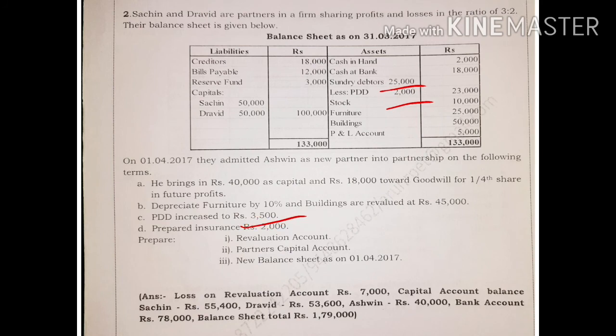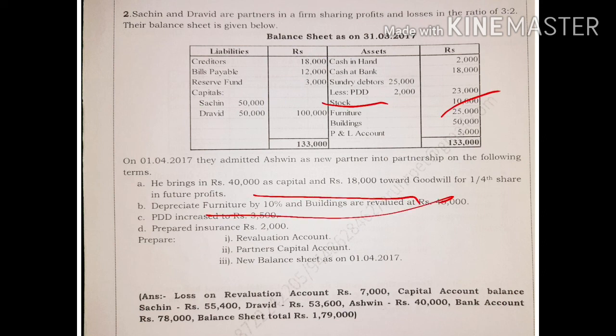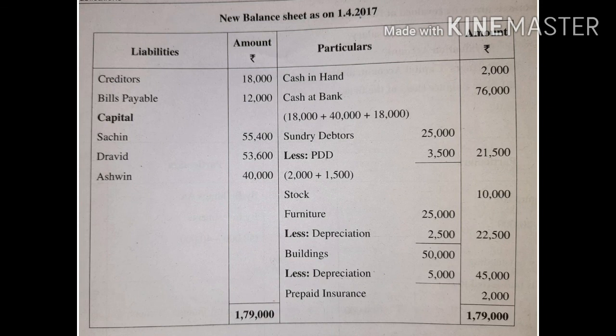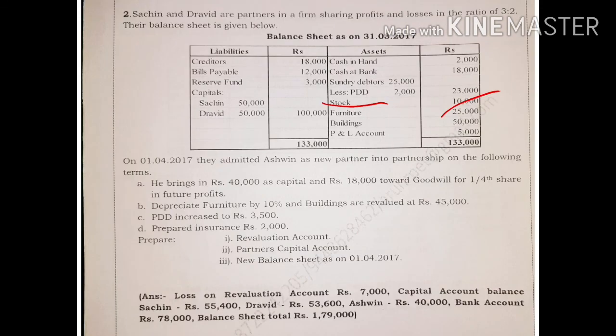Next, stock 10,000. Is there any change in the value of stock? Increase or depreciation, appreciation? No such information. So write down as it is, same amount. Stock 10,000. Next, furniture. Furniture, how much value? 25,000.